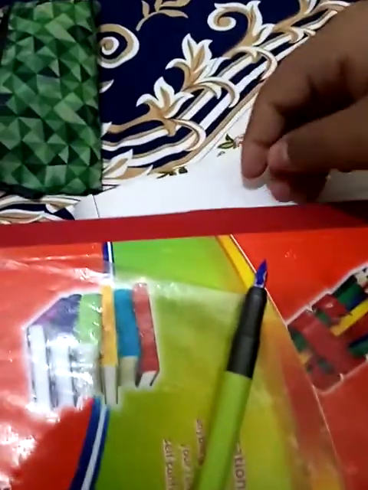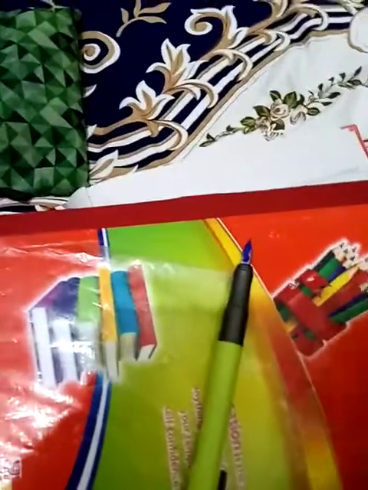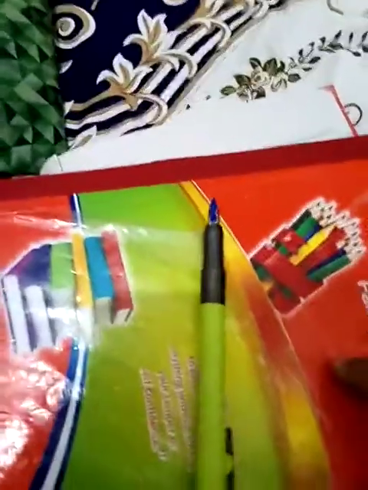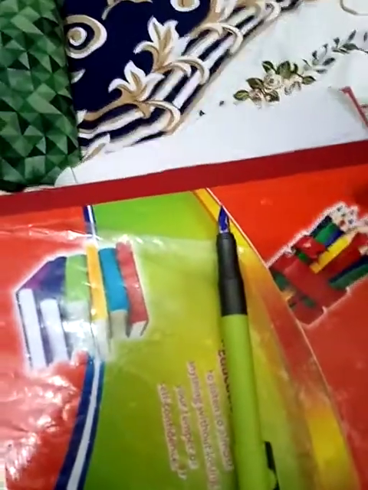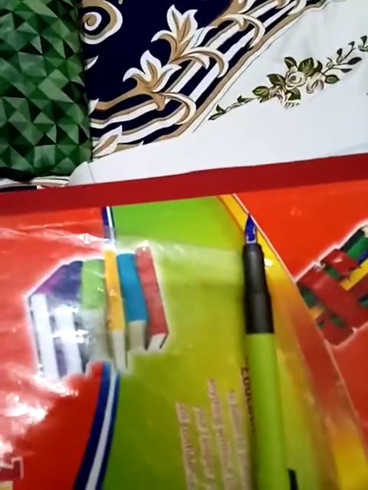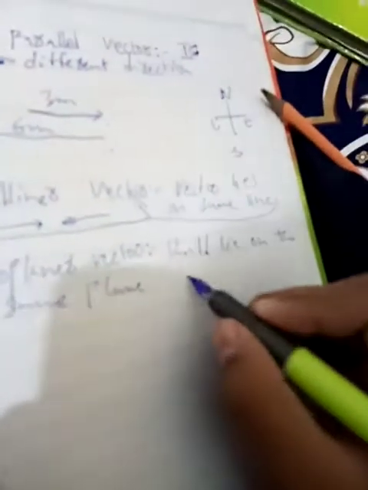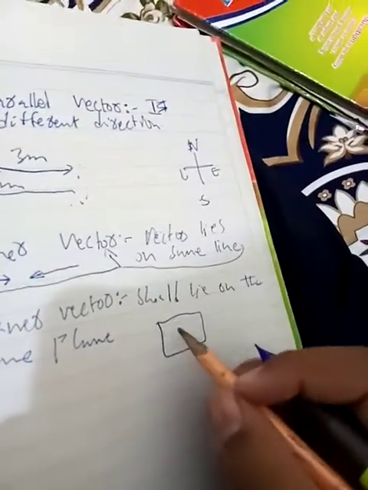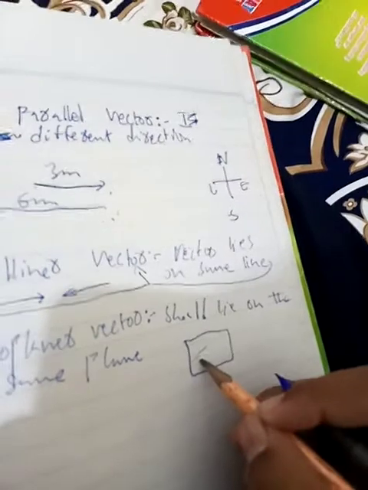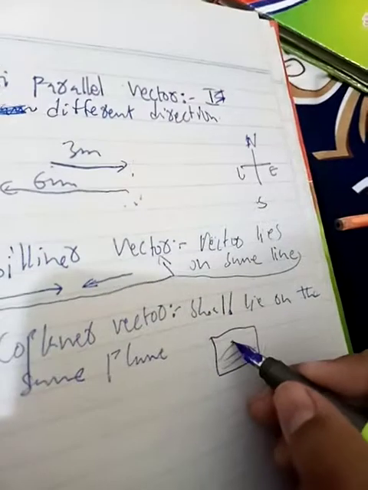And if this pencil is not touching the same plane, it will not be called a coplanar vector, but this pen will be. For example, this is the plane and these are the vectors: one vector, two vectors, three vectors. All the vectors are lying on the same plane.